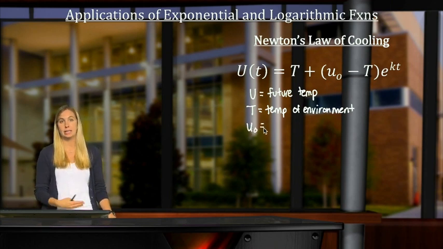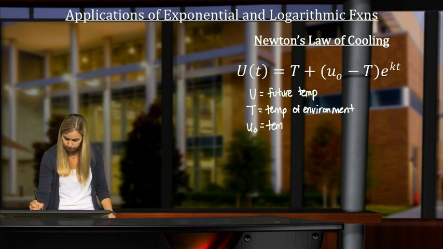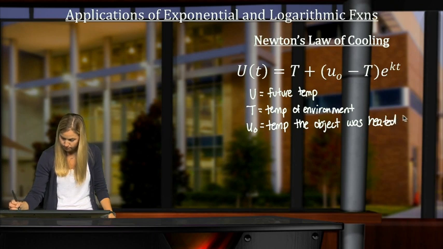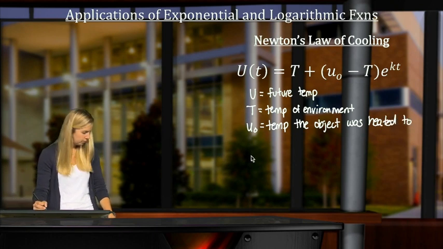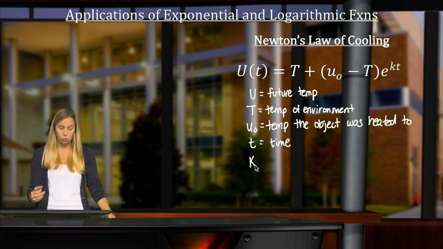U naught is the temperature that your object was heated to. Lowercase t is time. And K is our rate of cooling.